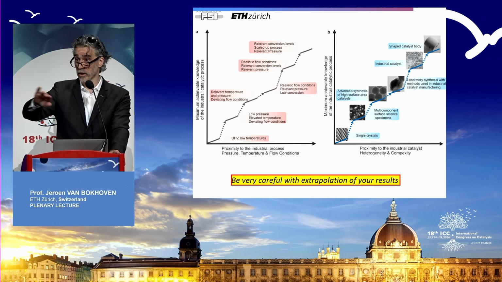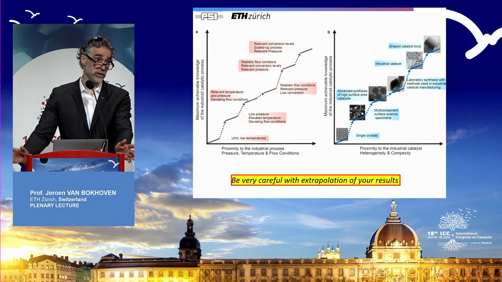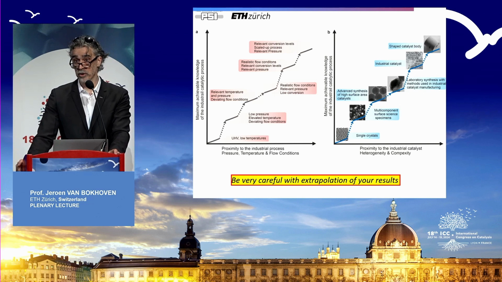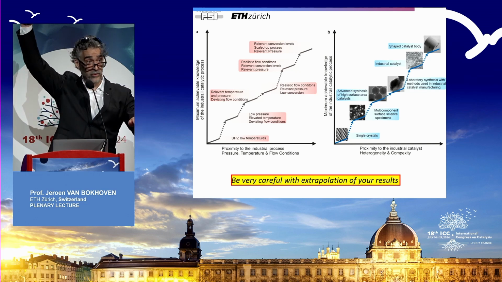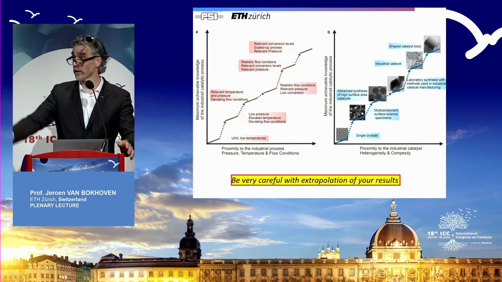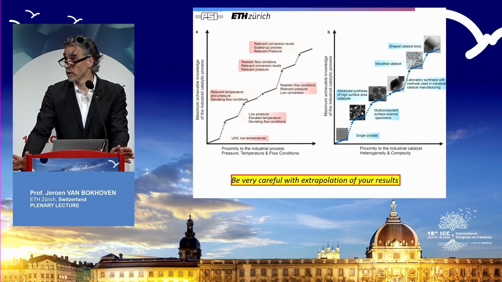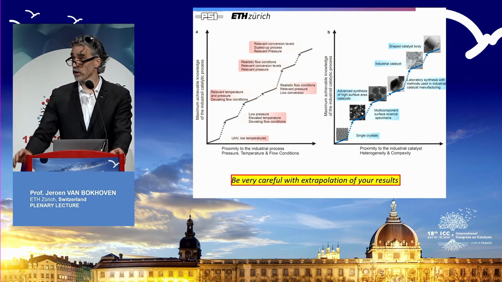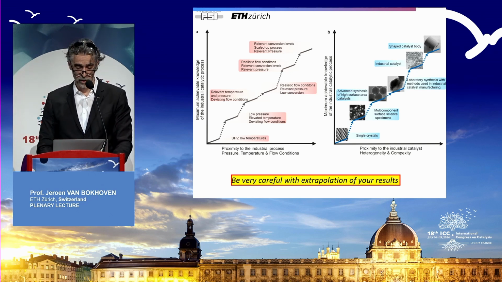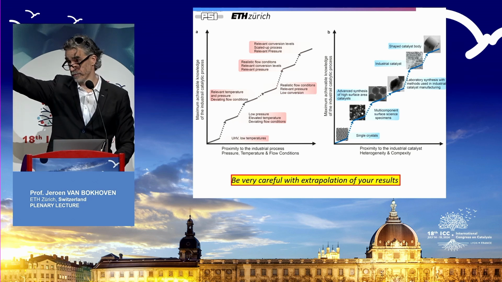If you work under relatively simple, low-pressure conditions, there's a lot of information that you can get. But to what extent that knowledge adds up to understanding the actual system, it may not be there.